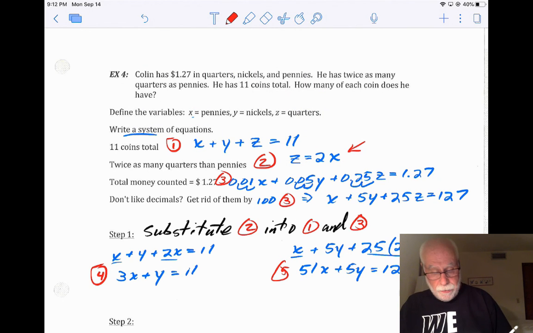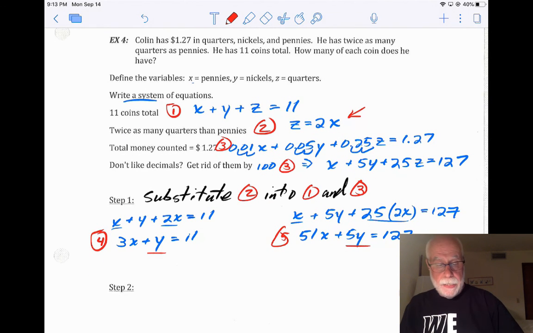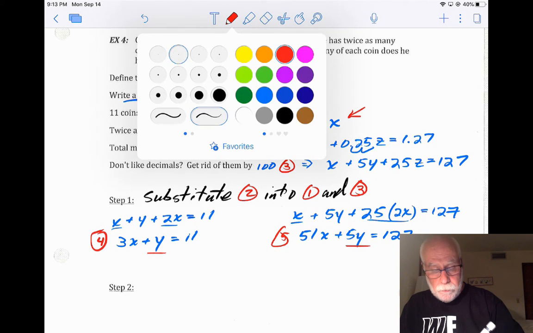Again, I'm looking at this. Which one do I want to get rid of? Well, I see a y here, and I see a 5y here. So I think if I take 4 and I multiply it by -5 and then add it to 5, it'll go away, all right?